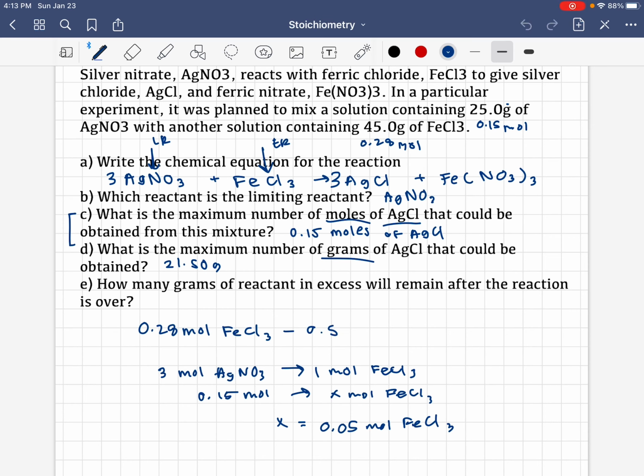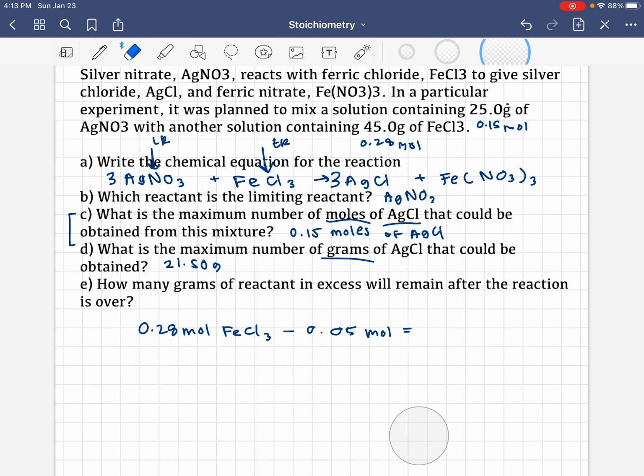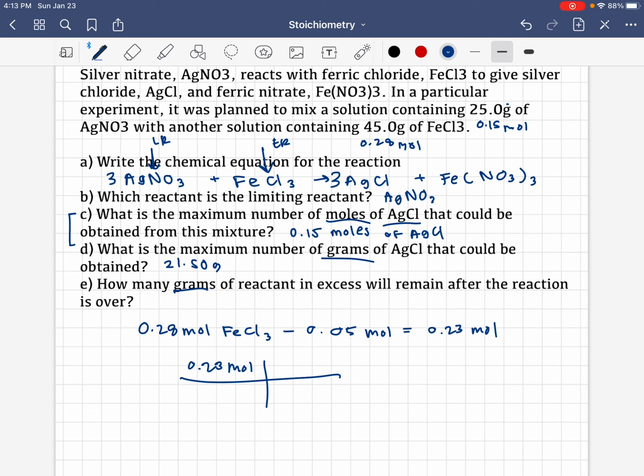And to find how much is left over, you have to subtract it. So how much they gave us, how much we used, how much is left over. Now they're asking for grams, so we just need to convert this into grams. This is moles of FeCl3. Hold on, oh, I forgot a 3.